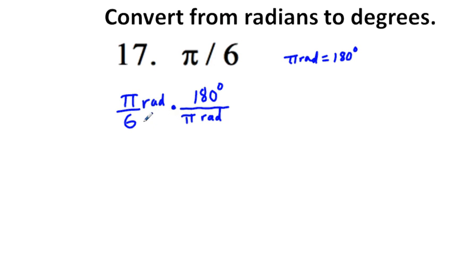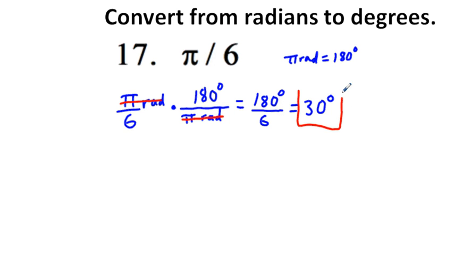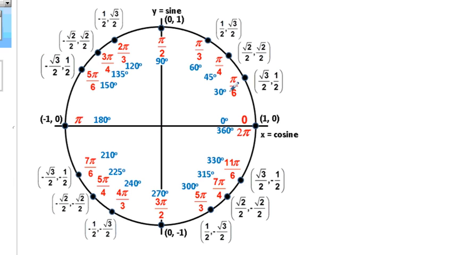And we have pi radians over pi radians cancel each other. So we have 180 over 6 degrees. And 180 degrees over 6 simplifies to 30 degrees. So that is our answer. And again, if we go back and look at our unit circle trigonometry, we see that in red, this pi over 6 is right in the same place as in blue, 30 degrees.